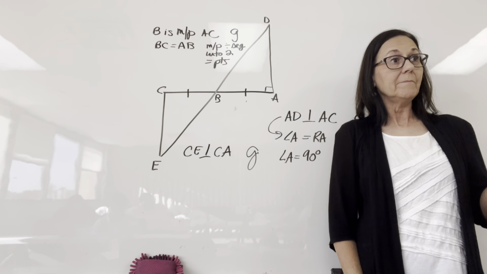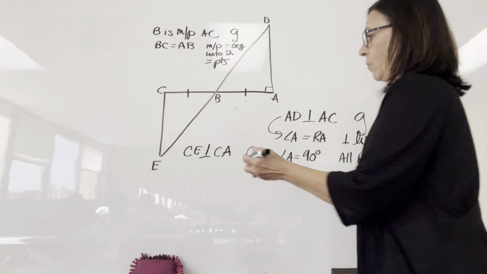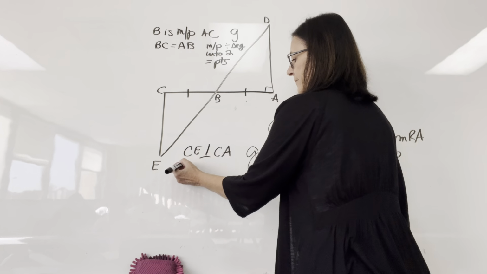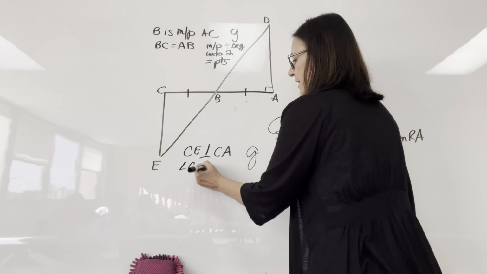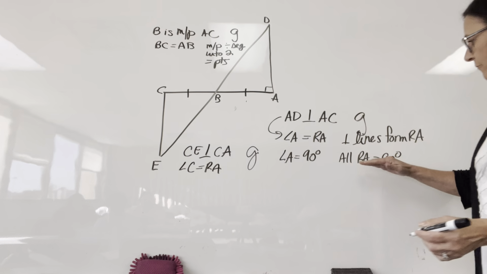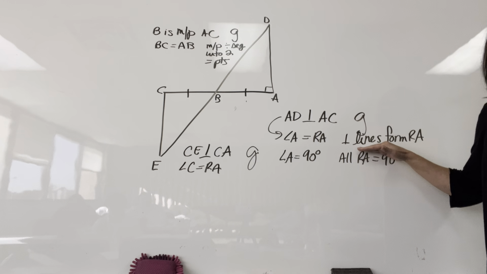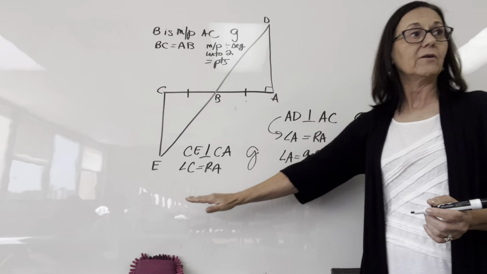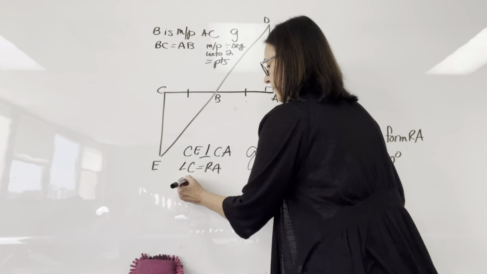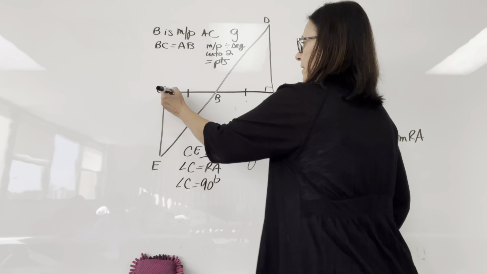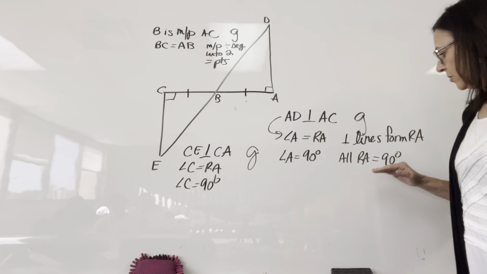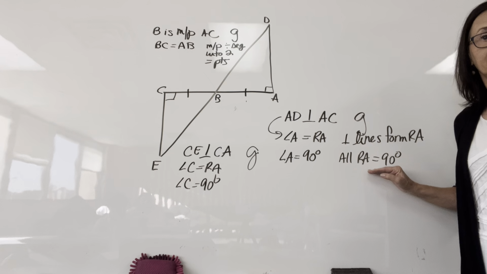Perpendicular lines form right angles. So what angle is a right angle? C. Angle C is a right angle. For the same reason, perpendicular lines form right angles. Then I can know angle C is what? 90 degrees. Because all right angles are equal.